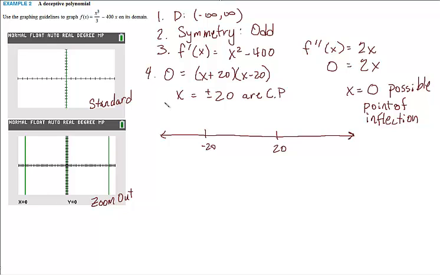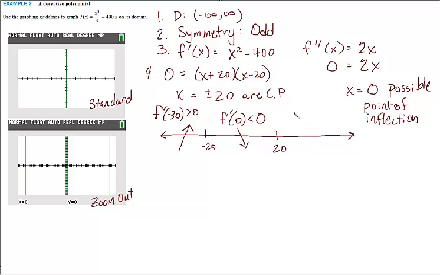I need to see if the first derivative is positive or negative here, so I'll just plug in some numbers, say -30. This would be a negative, that would be a negative, so negative times negative is a positive. That means this function is increasing at this particular point. And here, let's look at f prime at 0, and I would get a positive and a negative, meaning this thing would be less than 0, so it's going to be decreasing.